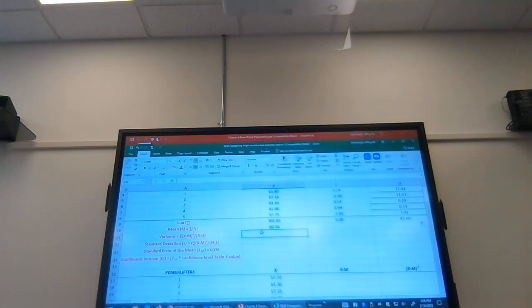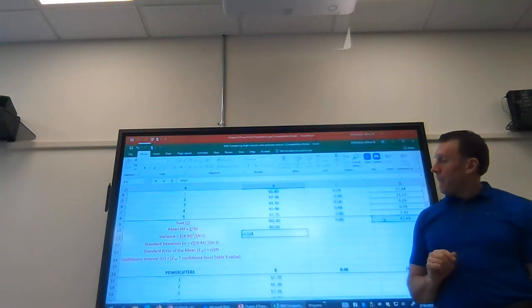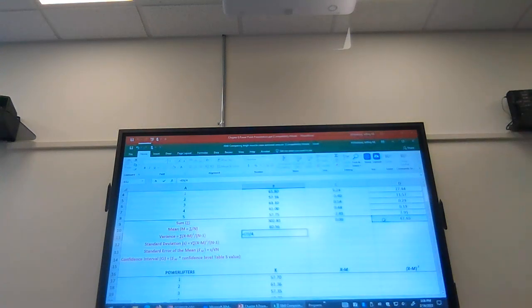You're just going to go equals, and then you just highlight the sum of the squared deviations. It's right there. And then you can just go slash, and then probably easiest to just type in 4, like that. And so you hit enter, and then you get 11.85.